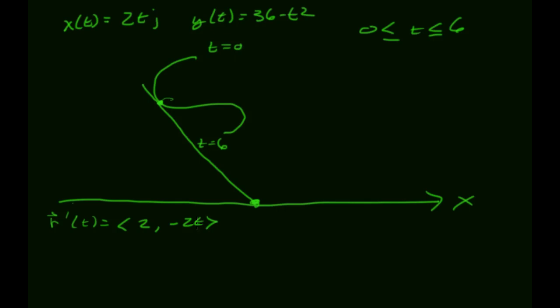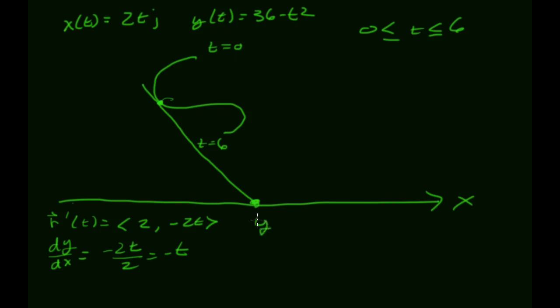Okay, so now I want to write an equation for this line. So I want an equation for the tangent line, and I want to do this in reference to t. So dy/dx, the slope of that tangent line, is going to be -2t over 2, which is just -t, right?